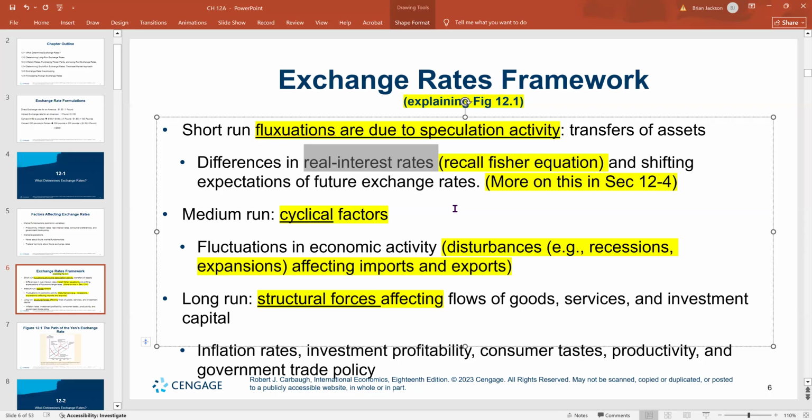By the way, the real interest rate is the nominal rate minus the inflation rate. That's called the Fisher equation. You may have known that from your principles level class, but say if the T-bill rate is 5% and the inflation rate is 3%, the real rate then would be 2%, the difference in those two.